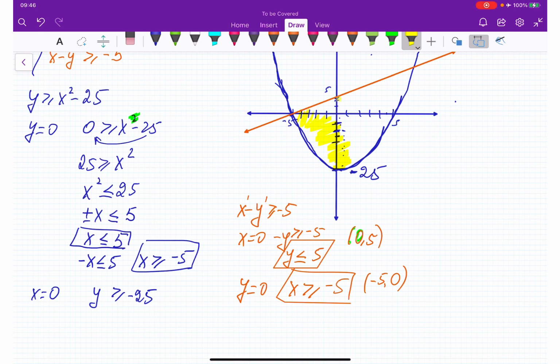There we go. It's going to be limited, less than 5. Okay, and x is greater than negative 5. Okay, and we forgot this one. x is less than 5, so x will be limited by this 5.